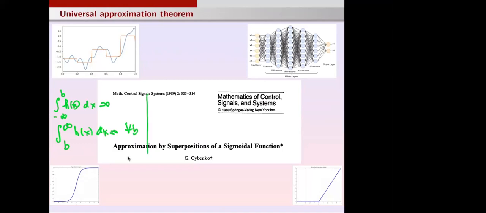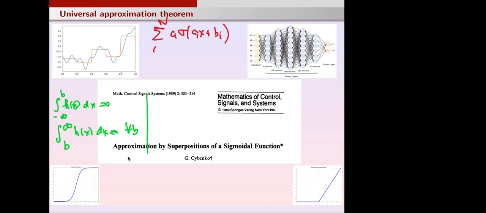Why can I reverse the sense of the sigmoid so that the integral is not localized only from b to infinity, but also from minus infinity to b? Because in this general expression of Cybenko, in which I combine sigmoids of this manner in an arbitrary sum, I can also choose the sign of a to be negative.